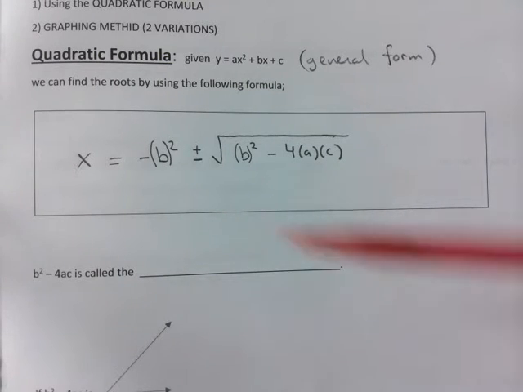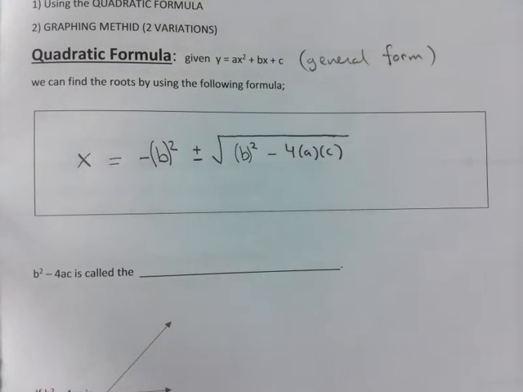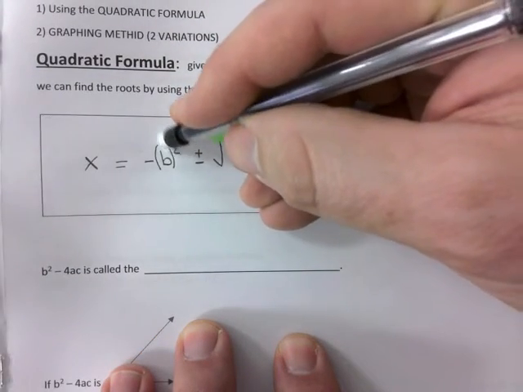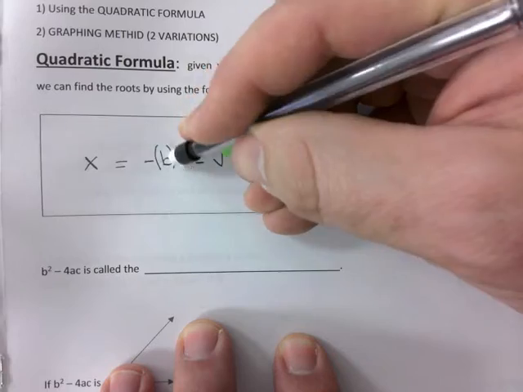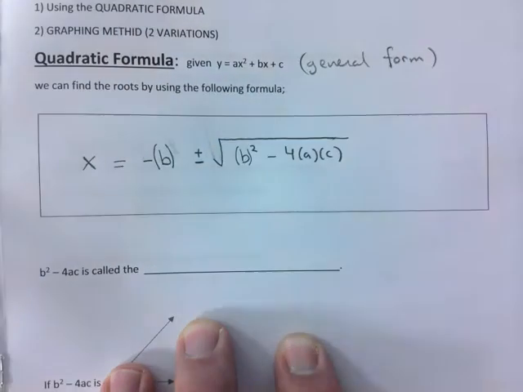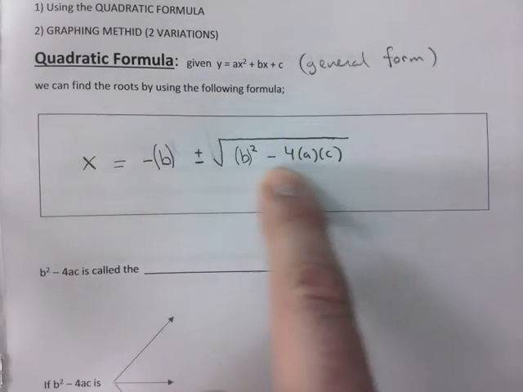So you've got negative b, I should say. Sorry, guys, I made a mistake. This squared here doesn't go there. It's just b. Good thing I noticed that. So this I promise you is right.